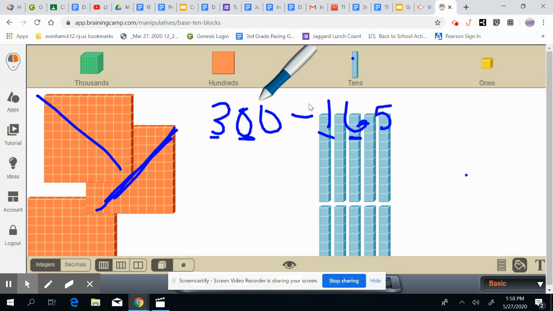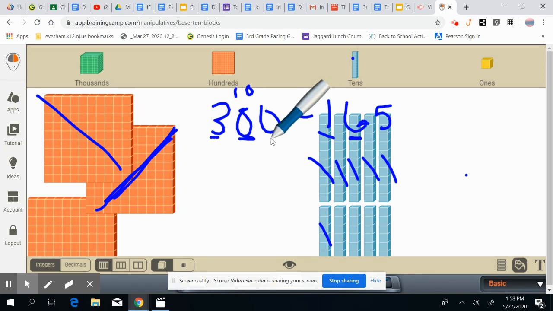So here's my 10 tens, and I take away 6: 1, 2, 3, 4, 5, 6. How many tens are left? 4. All right, I'm done with my tens.